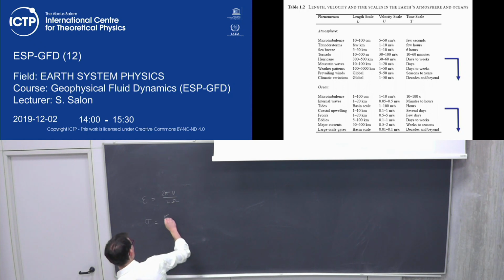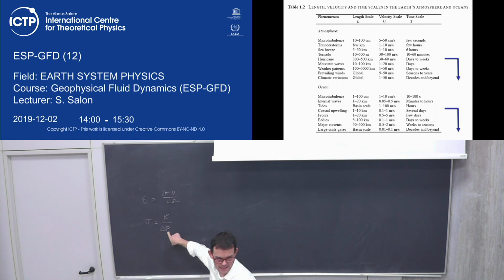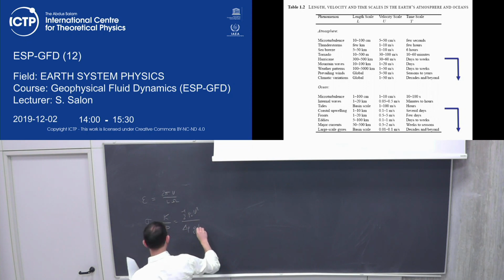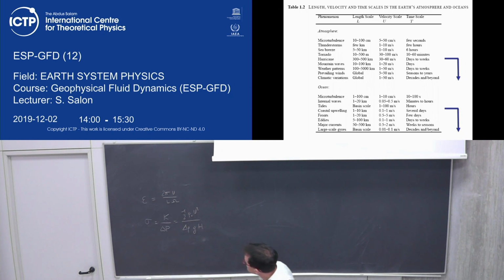And sigma was the kinetic energy over the potential, capital P, which was 1/2 rho 0 u squared over delta rho g h. Okay, so everything was written as scales of motions.